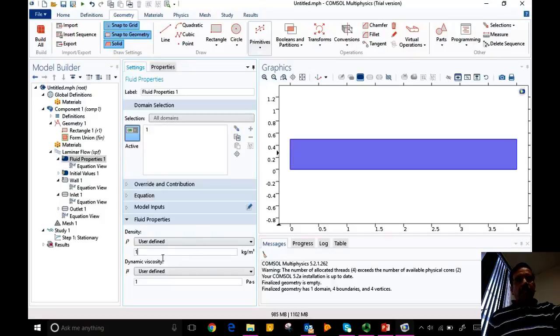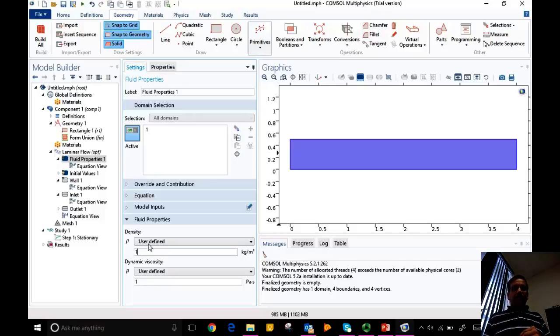Not if you put 1, but if you put something like, say, 2 times temperature squared, then it will take that temperature and calculate the density at every cell, at every grid point, because temperature will vary from grid point to grid point, it takes those values. So you can couple it through an expression, that's like a MATLAB expression that you can put in there.